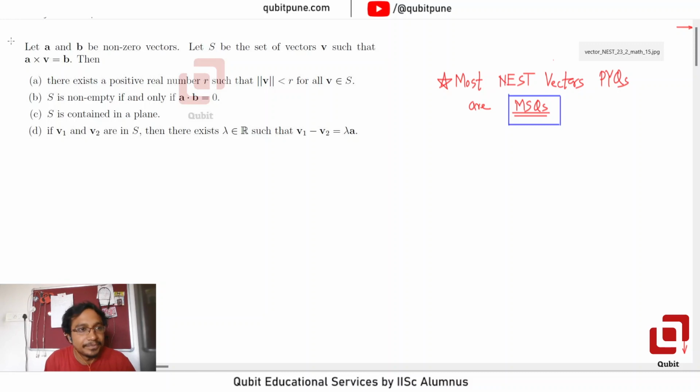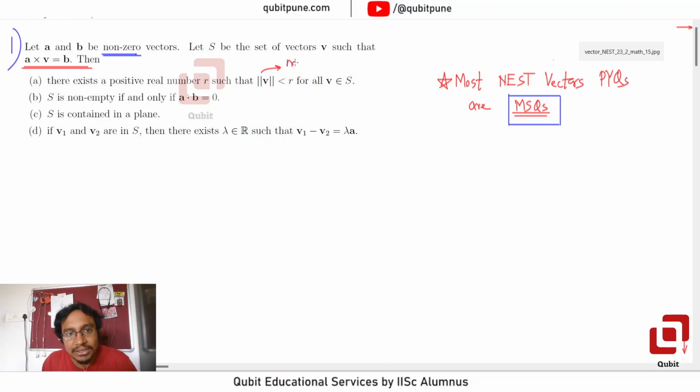Question 1. Let A bar and B bar be non-zero vectors. Let S be the set of vectors V bar such that A bar cross V bar is equal to B bar. So this is a notation from linear algebra.